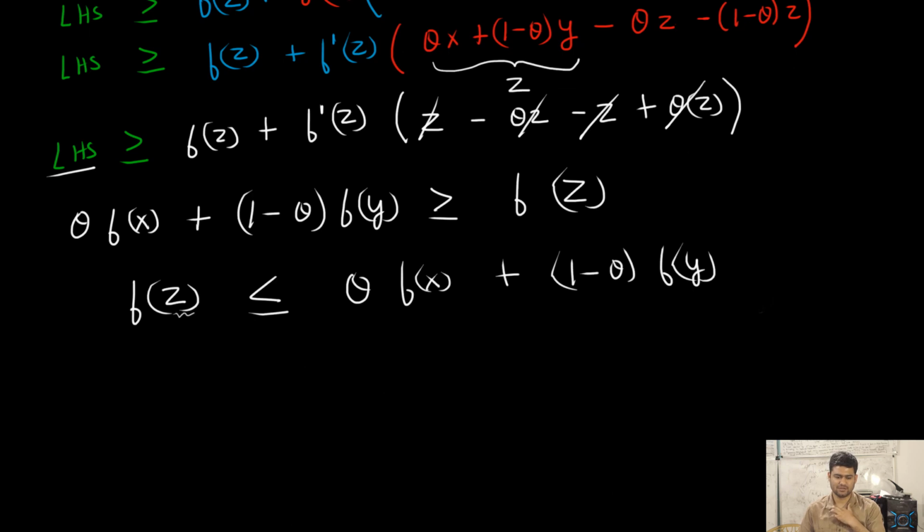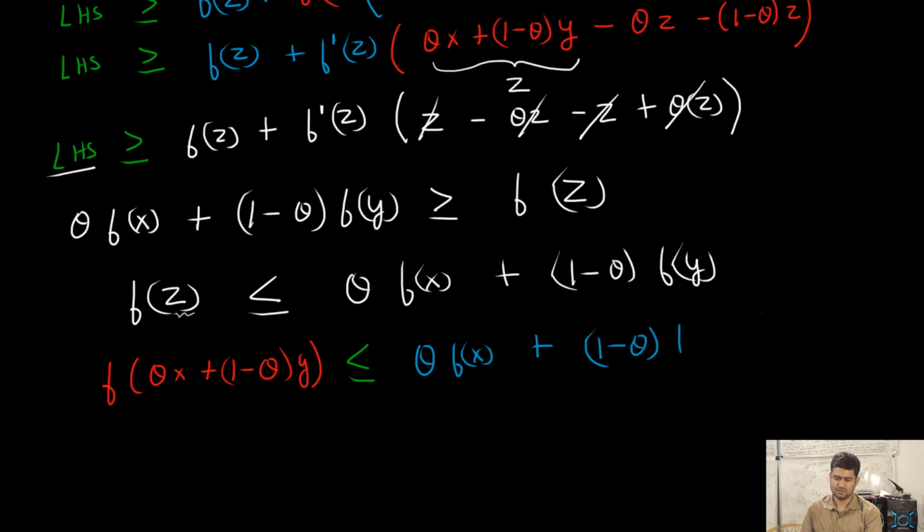Now we can write the definition of z, which provides us f of theta x plus 1 minus theta times y is less than or equal to theta times f of x plus 1 minus theta times f of y, which proves that f is convex.